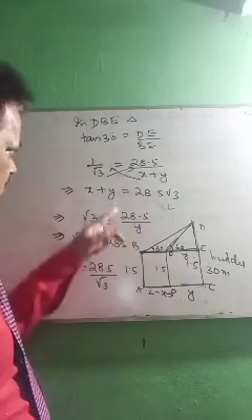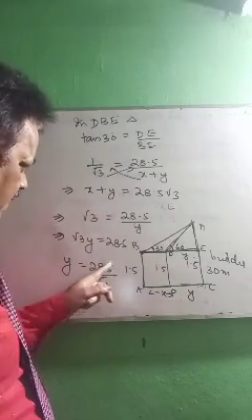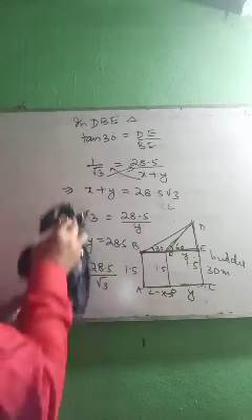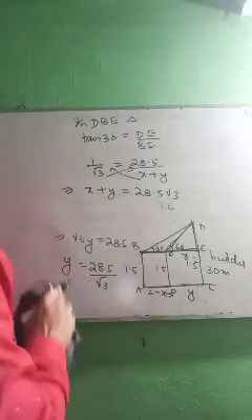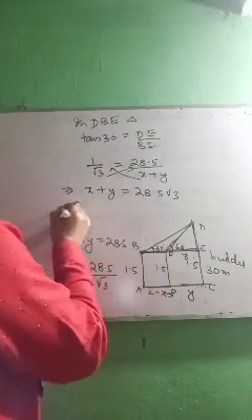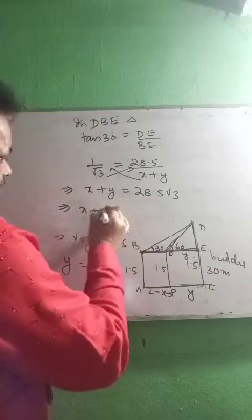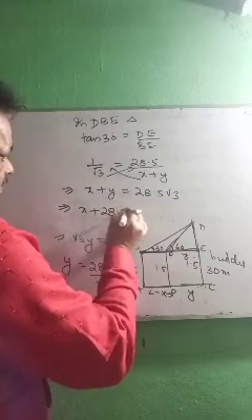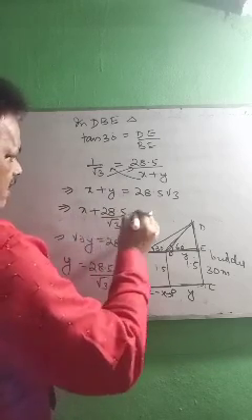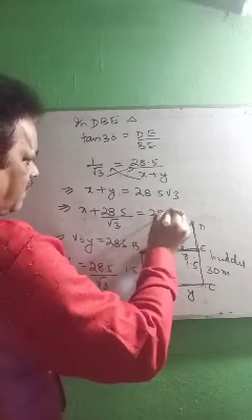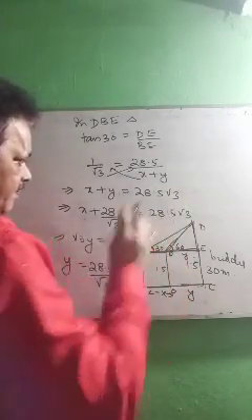Okay, now put the value of Y. Y is 28.5 by root 3. So X plus 28.5 by root 3 equals 28.5 root 3.